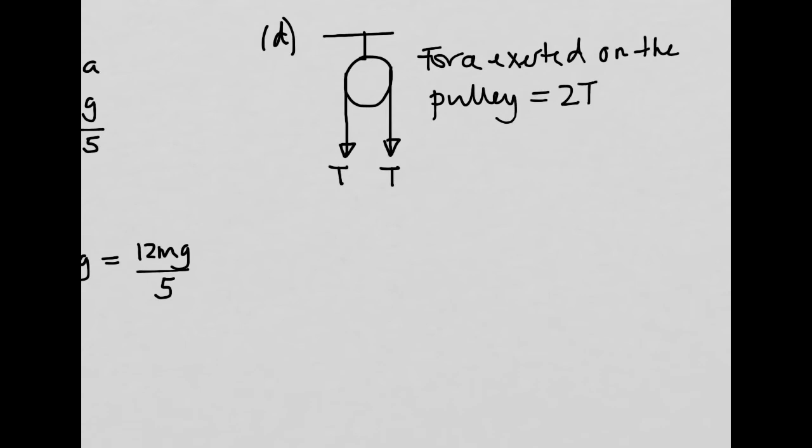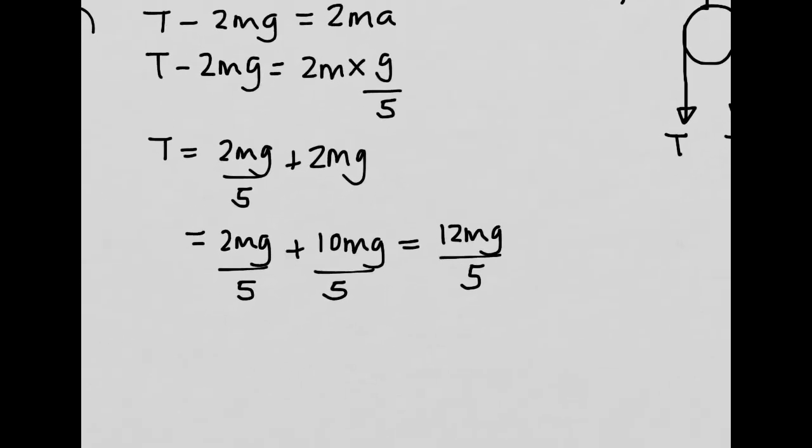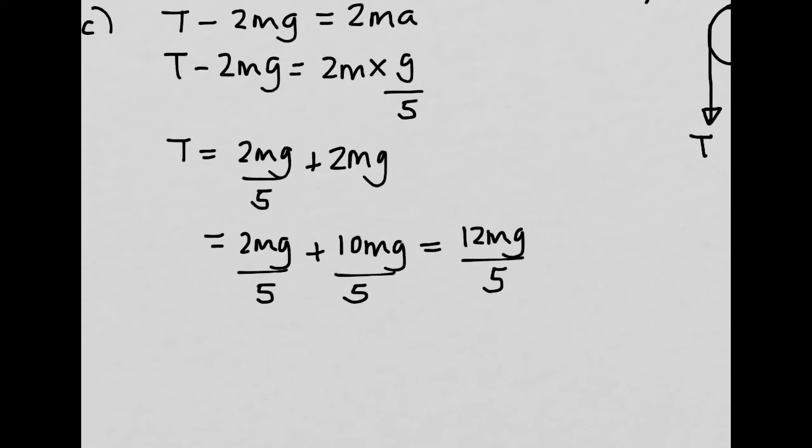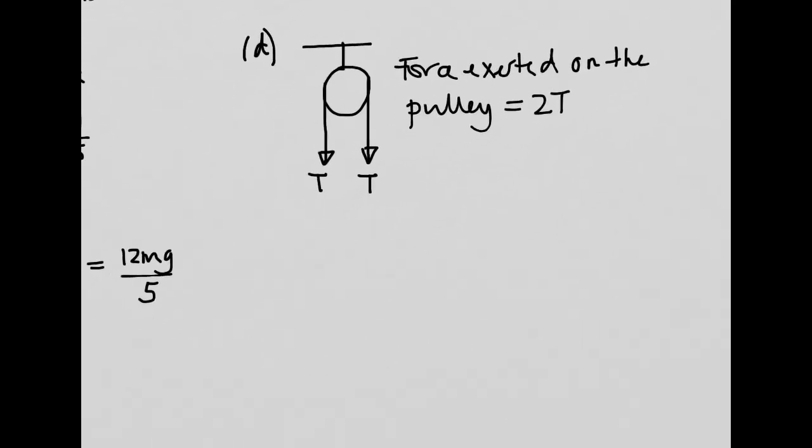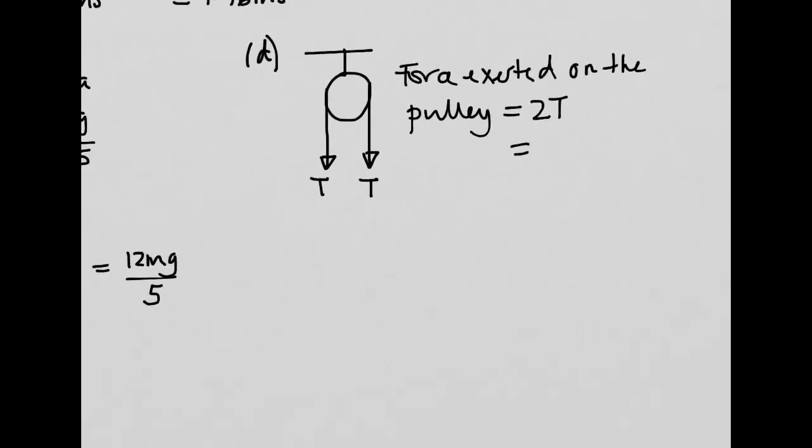2T. But I've already worked out what T is. If I just go over here, T is 12mg over 5. So using that knowledge, that's going to be 2 times 12mg over 5. And that would be equal to 24mg over 5.